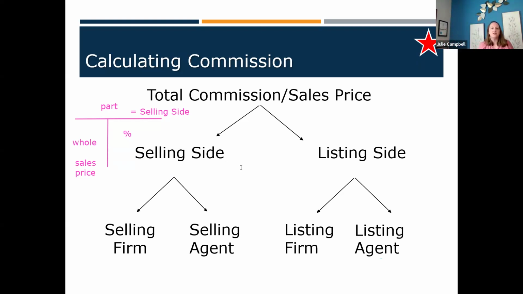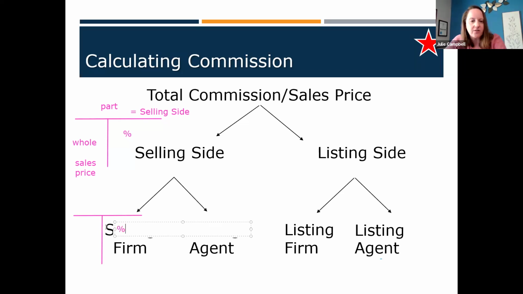But I think it's easier to understand the basics of the T-bar, because once we understand the basics, then we can understand that the selling side commission is smaller than the sales price. The selling side commission is smaller than the total commission. In each tier, each time we come down, we're going to use that T-bar again.